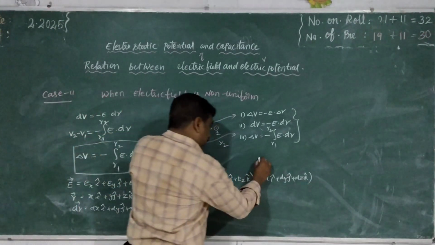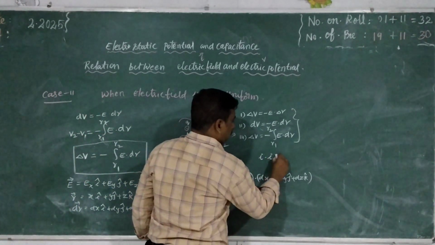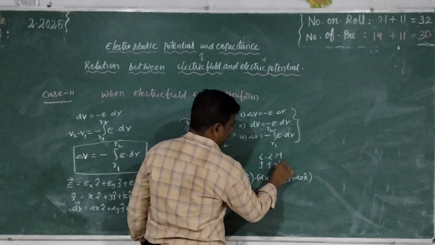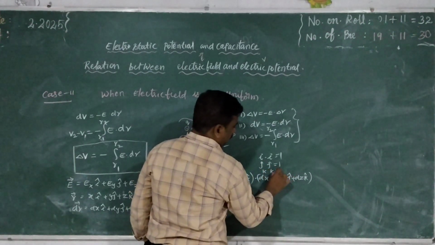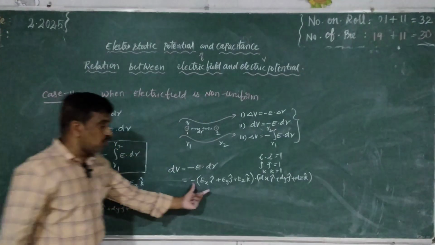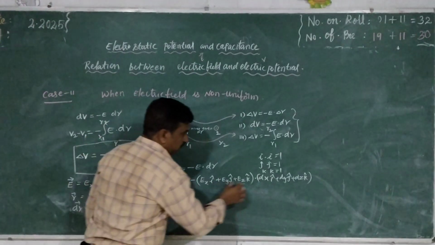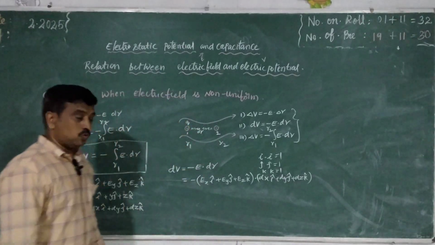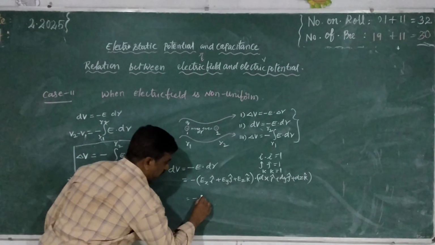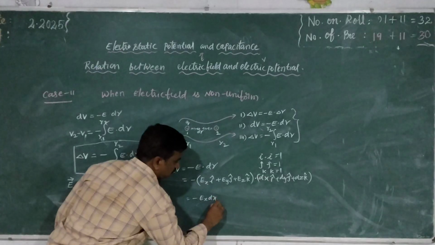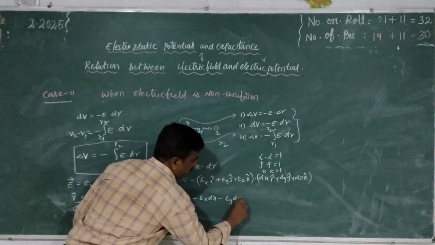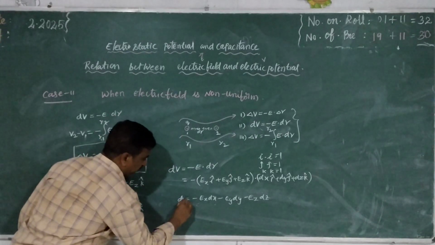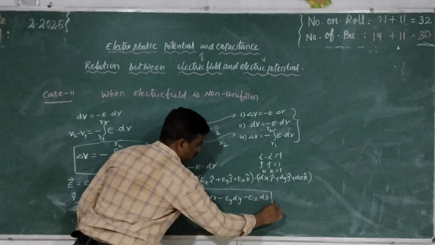So in the dot product, i dot i equal to 1, j dot j equal to 1, k dot k equal to 1. So we can use here dot product: Ex i dot i only we can take, j dot j, k dot k, remaining terms 0. That's why we can write here minus Ex dx minus Ey dy minus Ez dz. This is dV.